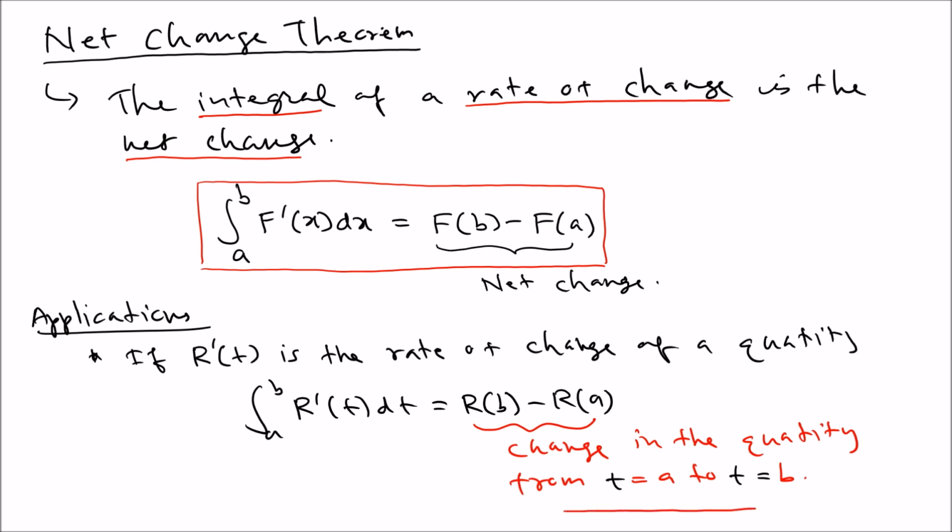So something changes from a to b. So the question is how much is the change between the two? You integrate the rate. So some major applications would be velocity and displacement problems, and this is also used in physics and chemistry, especially if you know the rate of change and then you integrate, you get the change in the quantity.